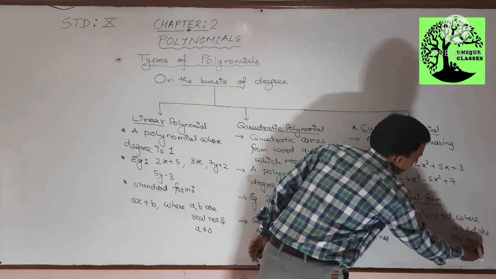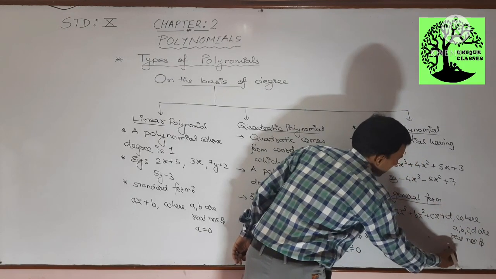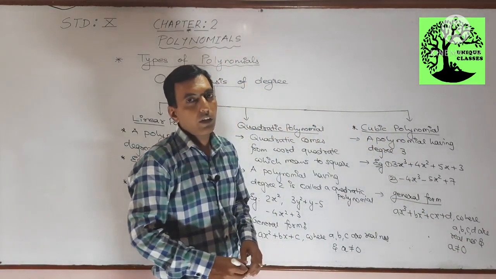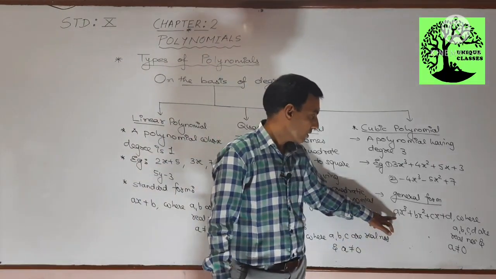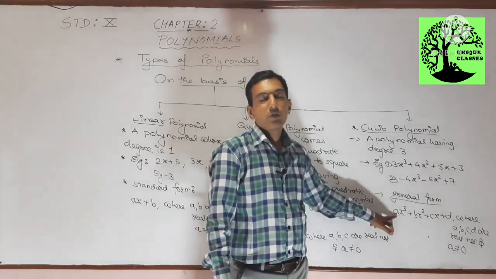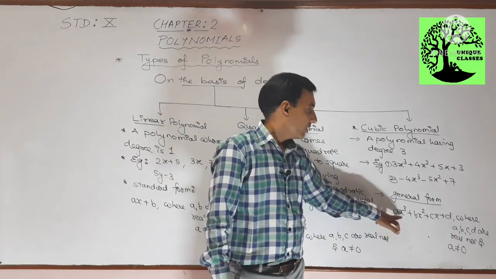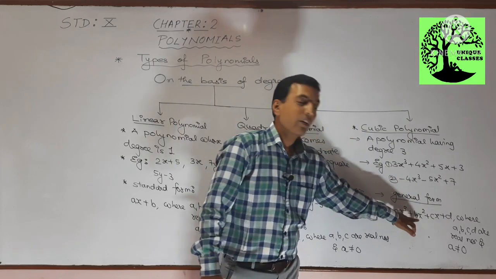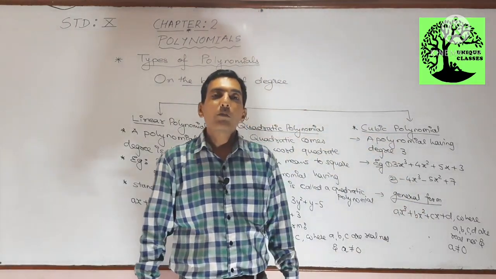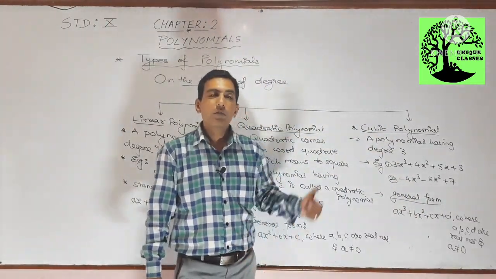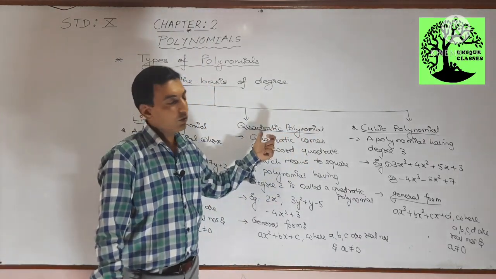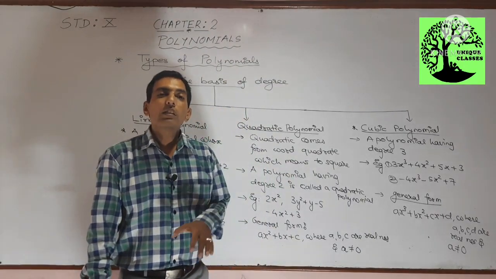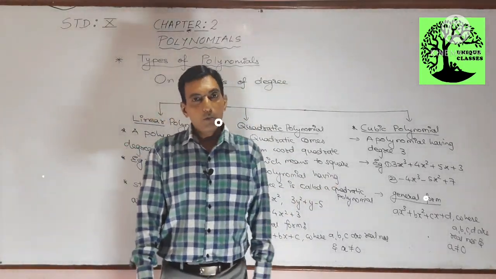Yes, and one condition must remain true, that is a should not be equal to 0. Here also the same explanation, student: a should not be equal to 0, because if a becomes 0, then only bx square plus cx plus d remains, and in that case the polynomial does not remain cubic, but it becomes what? Quadratic. So, that is why we write the condition that a should not be equal to 0 in a cubic polynomial. Okay.